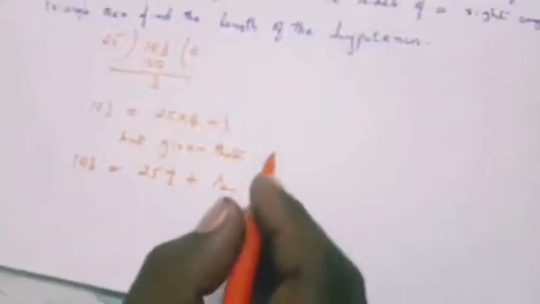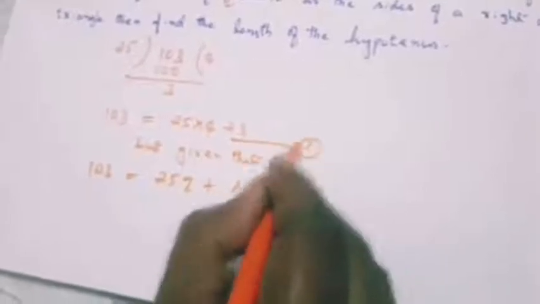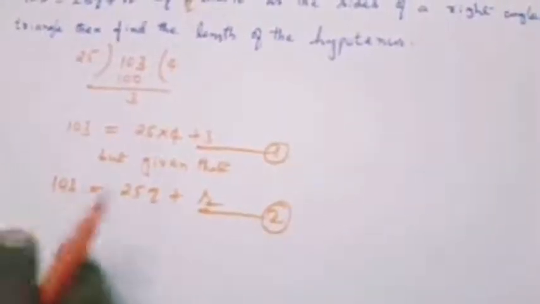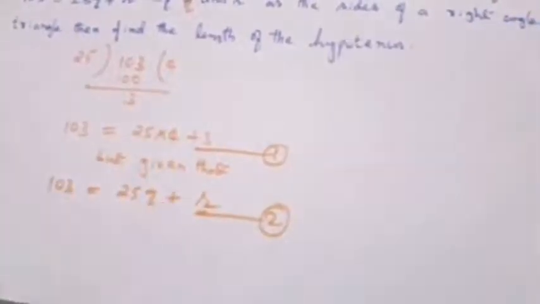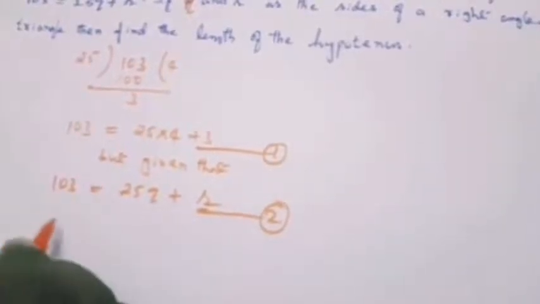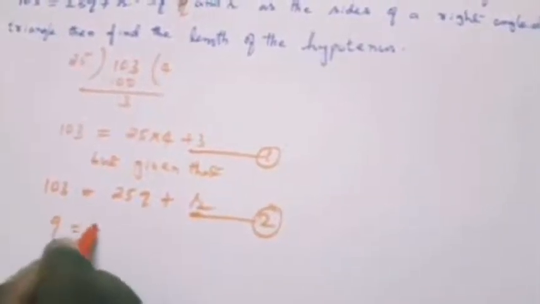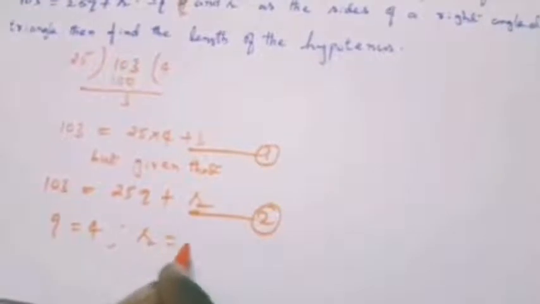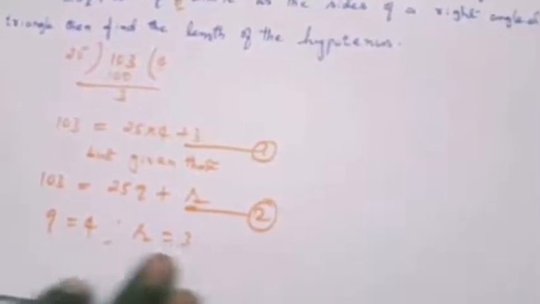So comparing these two equations, equation number 1 and equation number 2, I will get q equals 4, r equals 3. So these two numbers are the measurements of a right angle triangle.